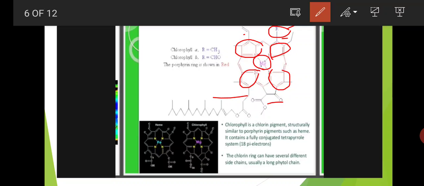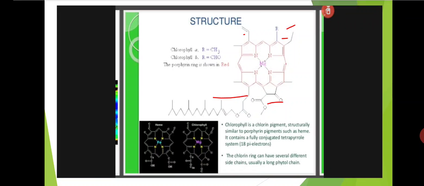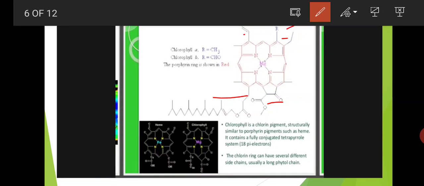The porphyrin ring is shown in red. This total red ring is the porphyrin ring. Chlorophyll is a chlorin pigment, structurally similar to porphyrin pigments such as heme.